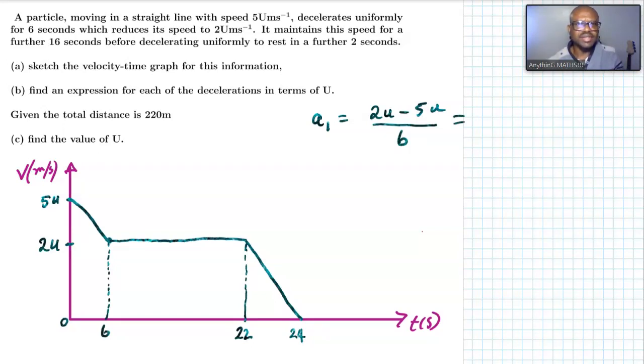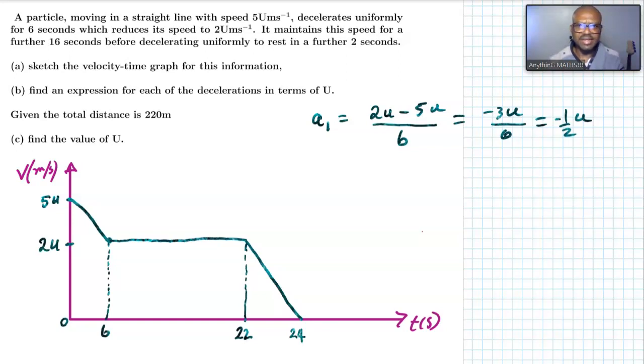It's going to be negative 3u over 6, which then gives you negative half u. So there's one way you can write this. You can write a1 is equal to negative half u, or you can write deceleration is half u. I'm going to stick to the negative, so the negative really shows that it's a deceleration.